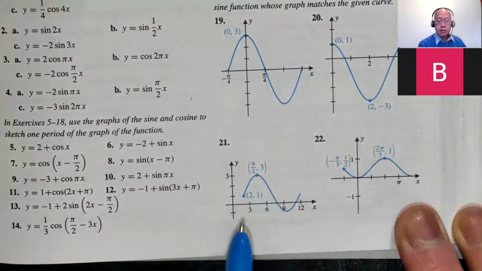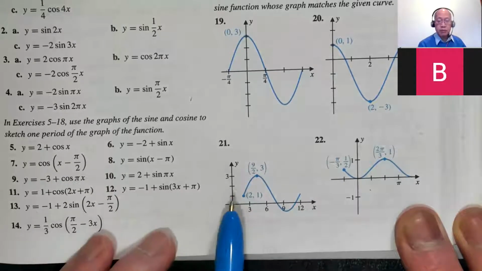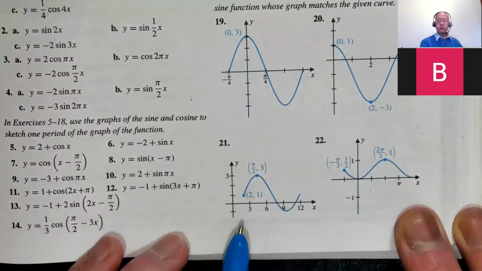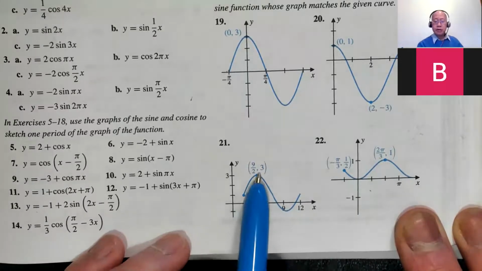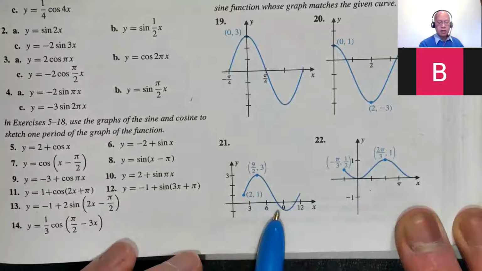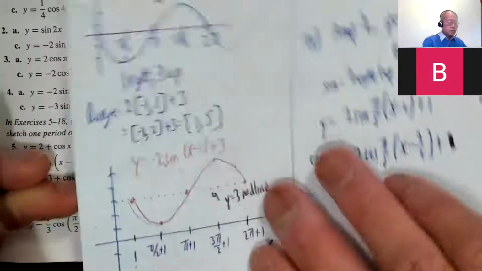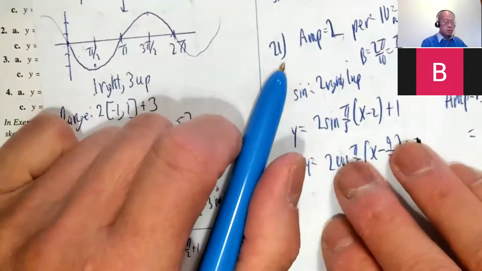So what is the amplitude? Here I can use the formula for amplitude: maximum minus minimum divided by 2. The maximum is 3. The minimum is negative 1.